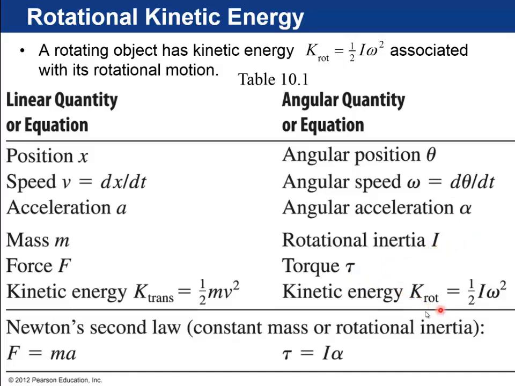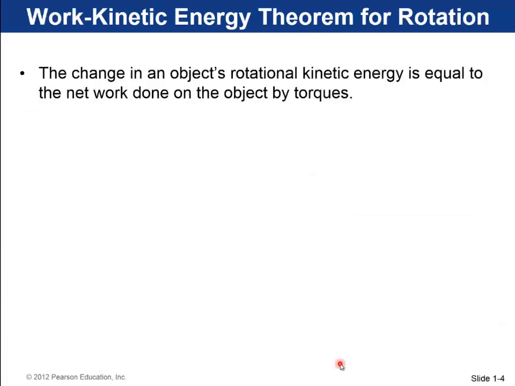Here's the equation for rotational kinetic energy. It looks a lot like the equation for translational kinetic energy from before. Instead of 1/2 mv squared, it's 1/2 I omega squared. And remember Newton's second law: the net torque is equal to the rotational inertia times the angular acceleration.